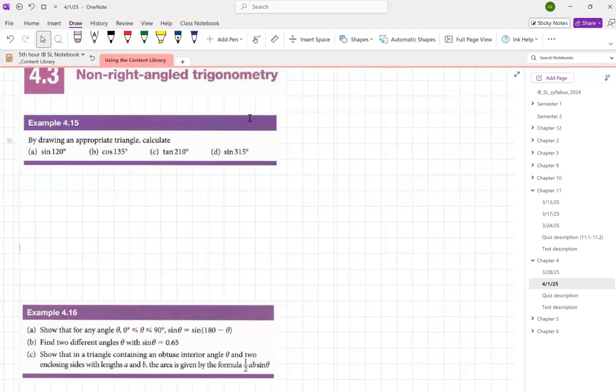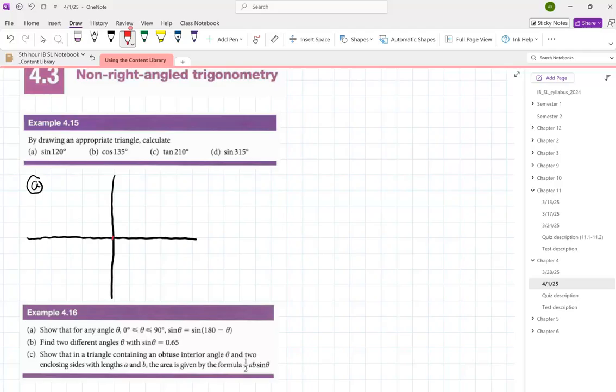So first question says, by drawing an appropriate triangle, calculate, for example, sine of 120. To do this, I'm going to start by drawing my xy axis.